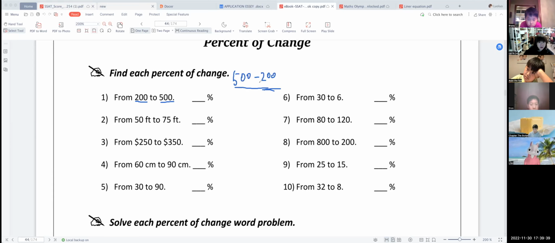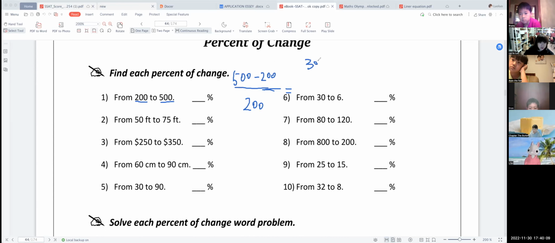Okay. So now what is the bottom number, the original? How much is it? Chapter, originally, how much is it? 200. Very good. So the percentage of increasing equals the difference divided by the original price or original quantity.